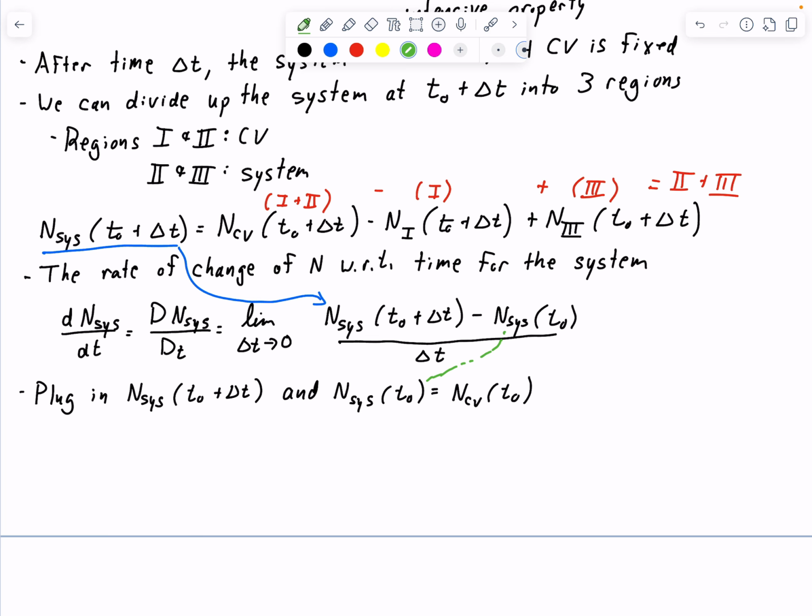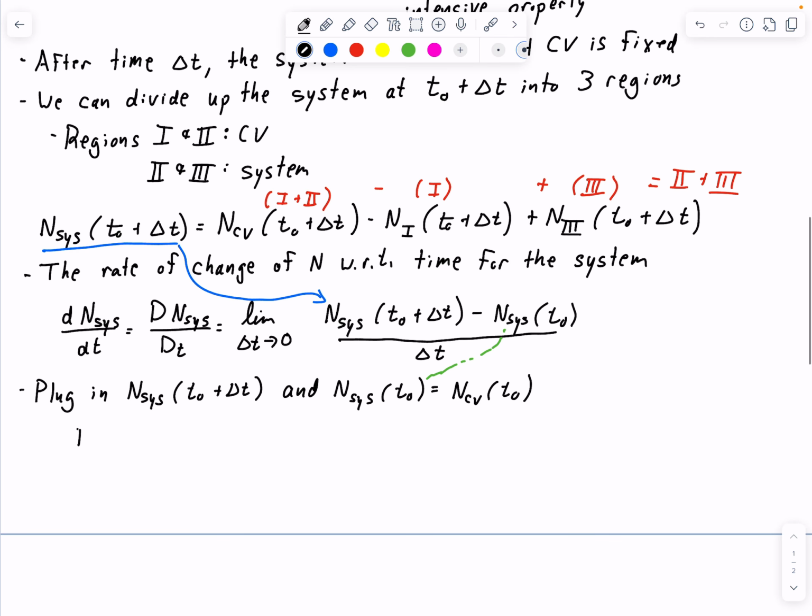So what we're going to do is plug those expressions into our derivative here. So we have d of N of the system by dt is equal to the limit as delta t approaches 0.